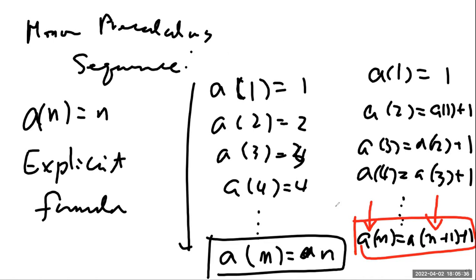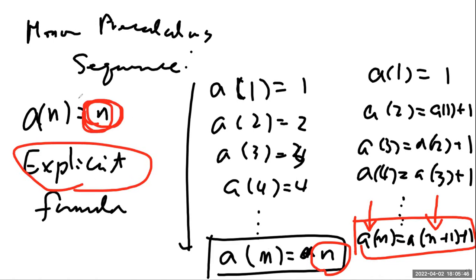That's called a recursive definition. In the other one, an equals n, you directly write out the explicit formula, so there is no recursion. In math, we have both recursive and non-recursive definitions.